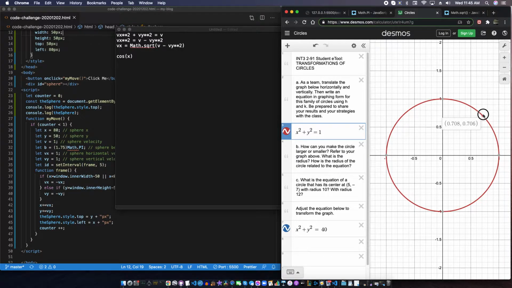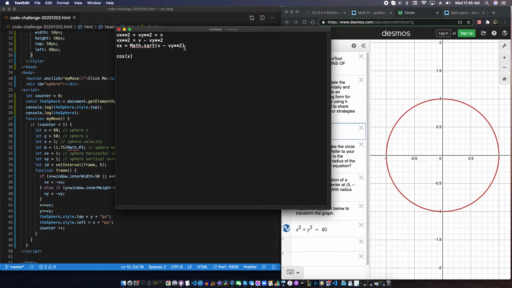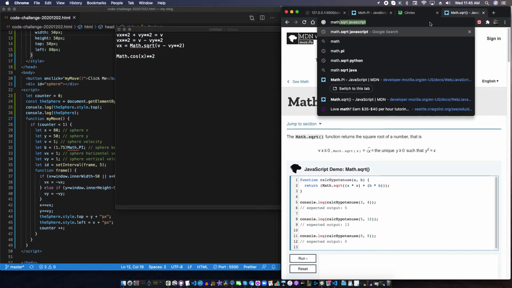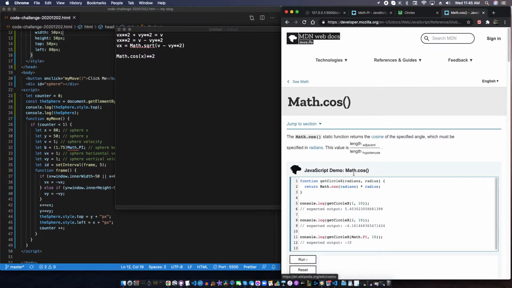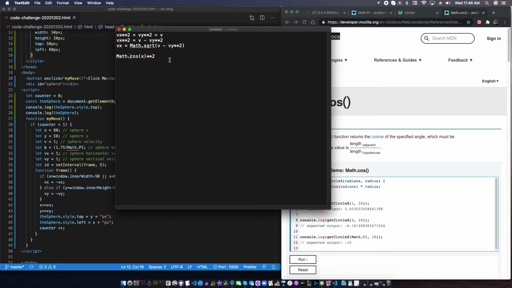Because, so, square this, and I'll go with the correct syntax, math dot cosine of Vx.